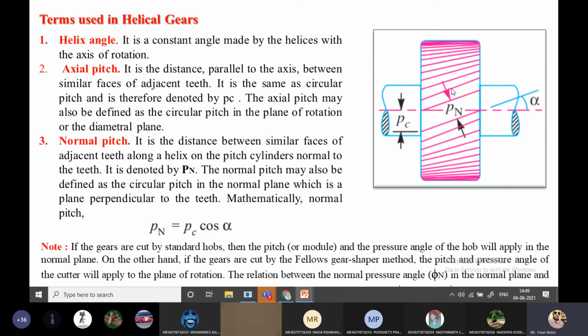Now before starting the helical gears, some terminology, in the same manner as we studied in the spur gear. Yesterday itself I mentioned one thing: for all the units in machine design, whatever terminology is there is very important for your further education and for your job also. Whenever you go to an interview, they are going to ask such small definitions.